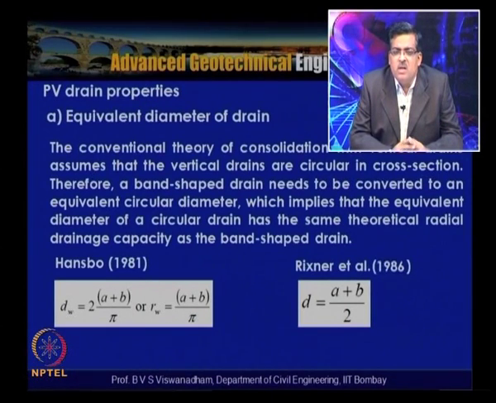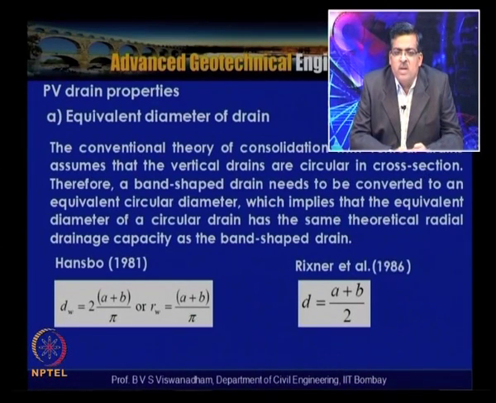One important aspect is that dw is equal to 2 into (a plus b) by pi, the equivalent diameter of the well. So equating the perimeter of the equivalent circle, pi dw, to the rectangular perimeter, we get the radius as (a plus b) by pi.